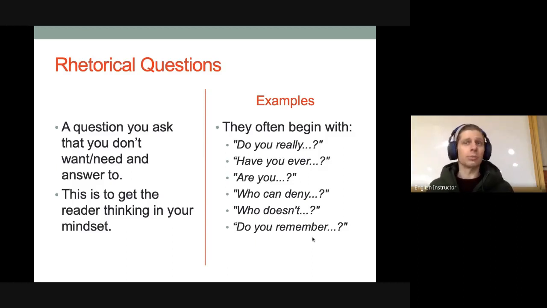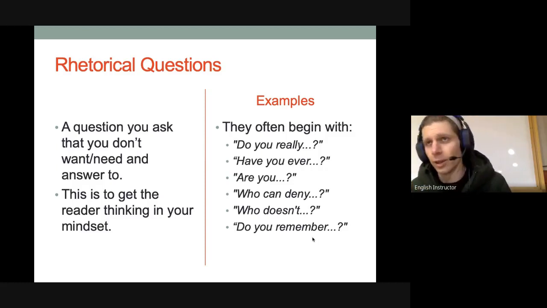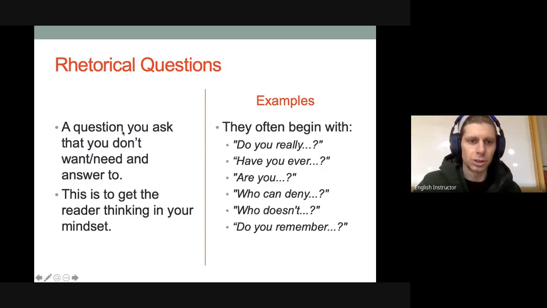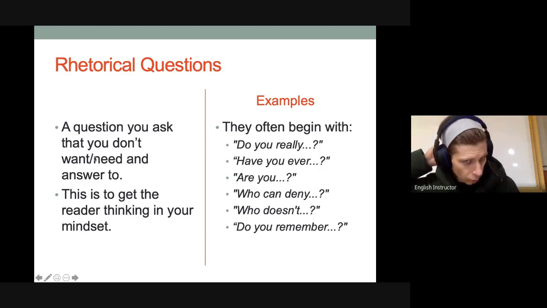So chocolate ice cream is delicious, or chocolate ice cream is boring, or, did you know that the chocolate used in chocolate ice cream is bad for you? It could be anything. But a rhetorical question is just simply a question that you don't want or don't need the answer to, but you're still asking it just to introduce the topic.